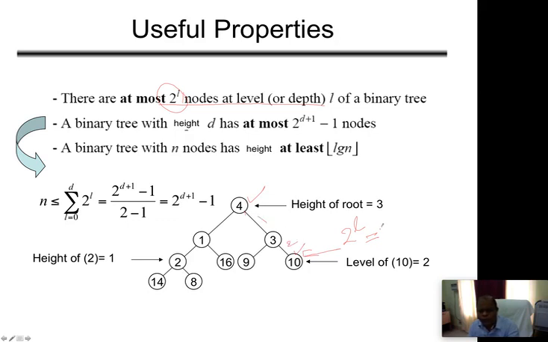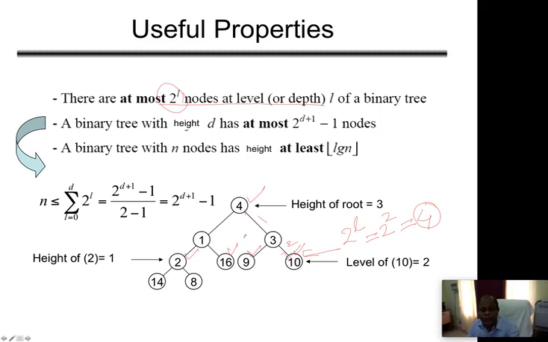Hence it will be 2 to the power 2, because the level of this node 10 is 2. At most, 2 to the power L, 2 to the 2, that means 4. That means in this level 4 nodes are there. See, this is 1 node, this is 2, this is 3, this is 4. Hence in level 2, at most 4 nodes will be there.